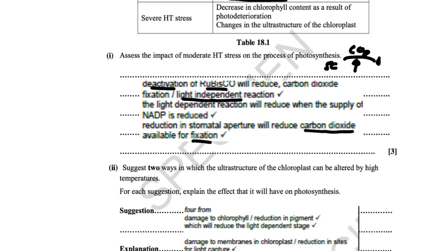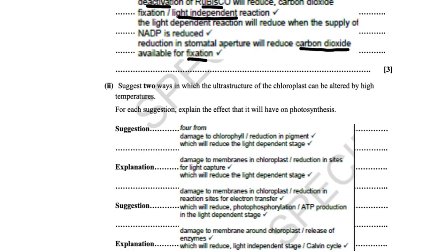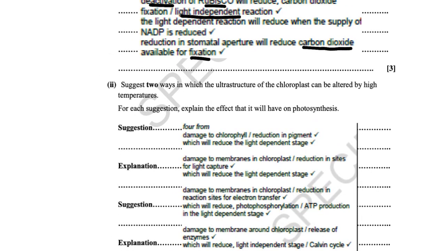So this is getting you to think about membranes, kinetic energy, the effect of temperature on a chloroplast. And then for each suggestion, explain the effect. So tell us about the theory and tell us about how that temperature effect will alter photosynthesis. So you've always got to link your suggestion to what will happen and why.